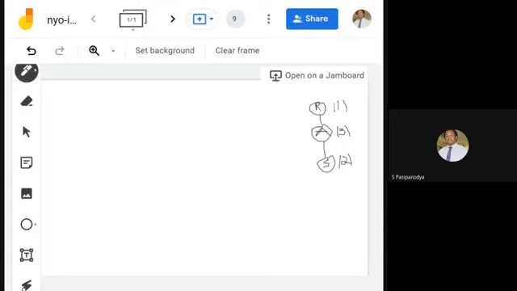That's why we have the Jamboard. Select picture right here, add an image, and then you can add your picture.